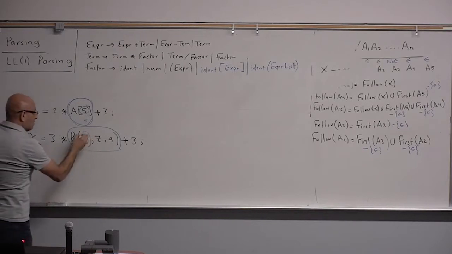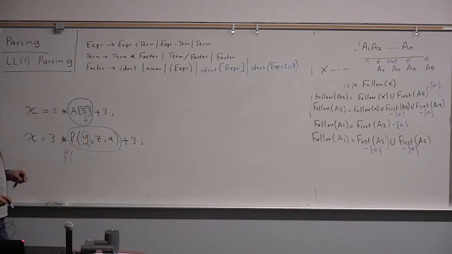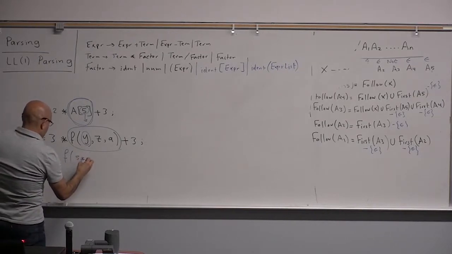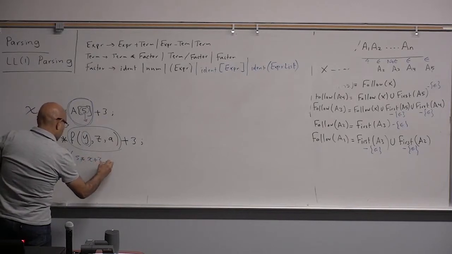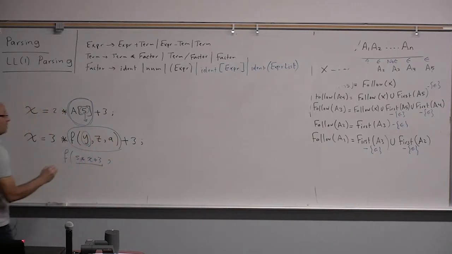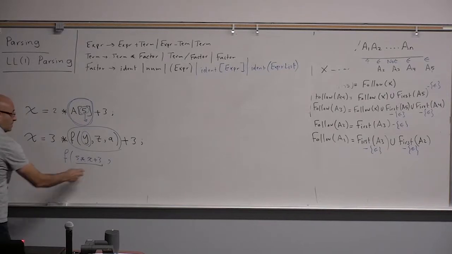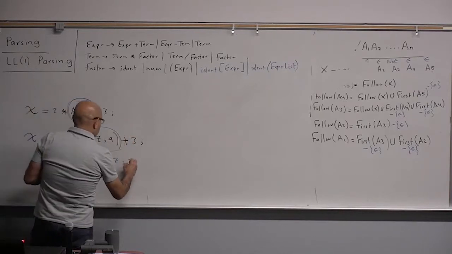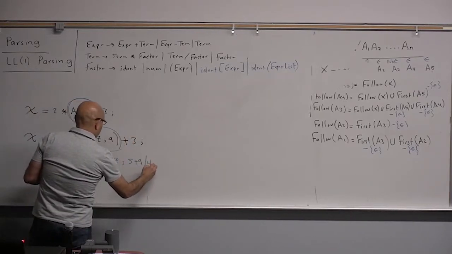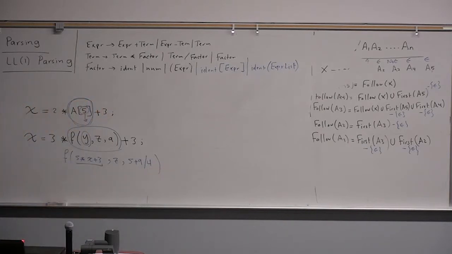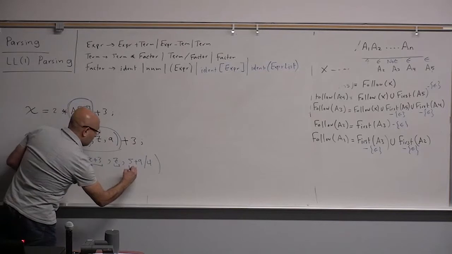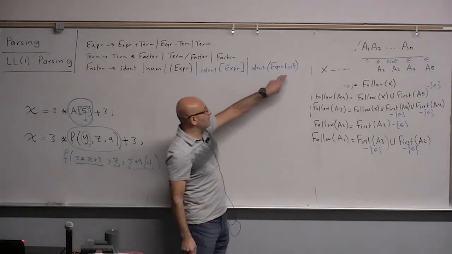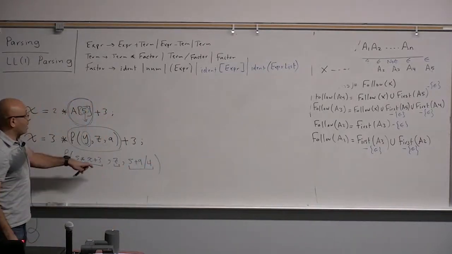By the way, this can be an expression because in C-like languages you can say f equals 5 times x plus 3, and all of this is one parameter. So this expression is a parameter. The second parameter is z. And the fourth parameter is 5 plus 9 divided by 4. You can do this. So each parameter can be an expression, and what's inside here is an expression list with commas.